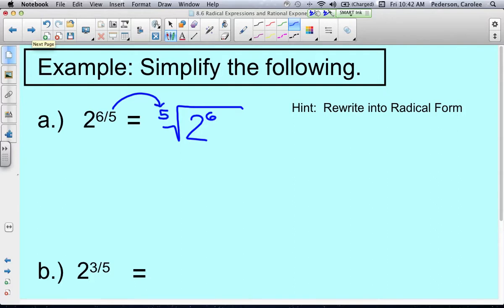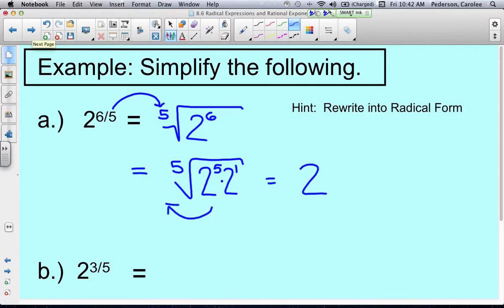Then you try to reduce it if you can. In this case you can. This is a 5th root, so you can rewrite 2 to the 6th as 2 to the 5th and then 2 to the 1. So 5th root of 2 to the 5th is 2. That's going to go out in front. And then you still have left a 2.